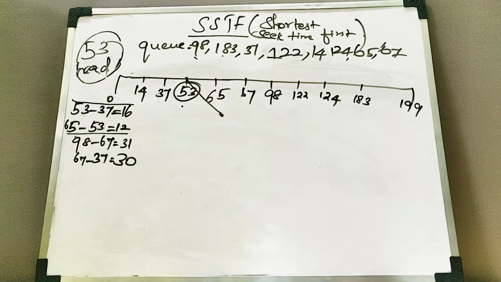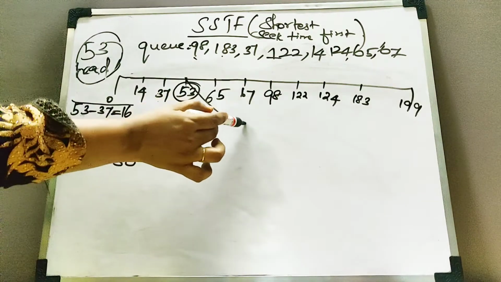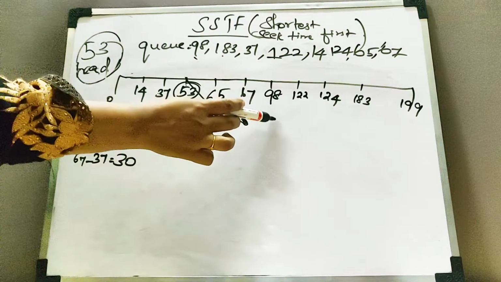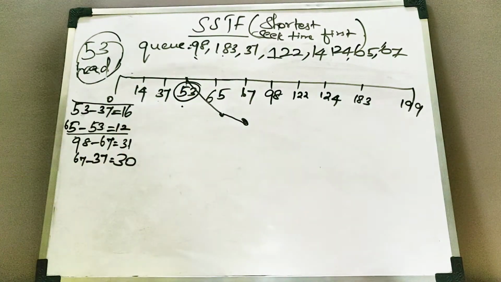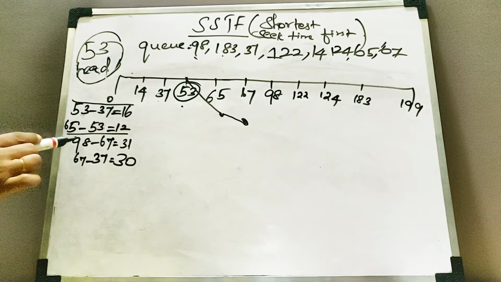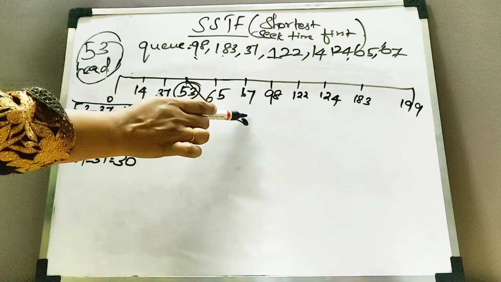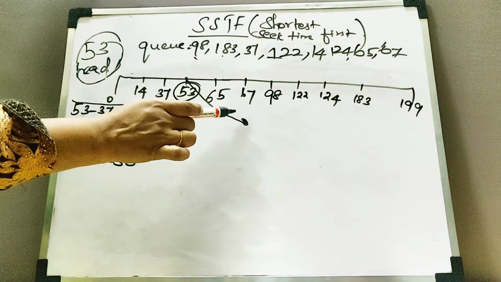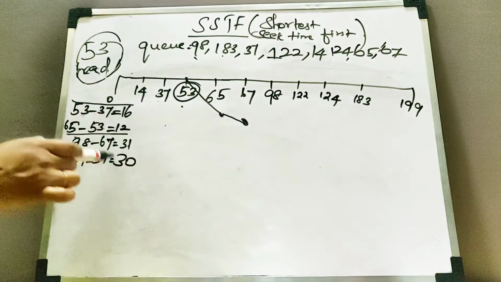From 65, we have to see which is the closest pending request. From 65, it is 67. Once again, from 67 the head has to move in the cylinder. From 67, whether it has to move to 98 or come to 37, we go with the differences. 98 minus 67 is 31, but 67 minus 37 is 30.